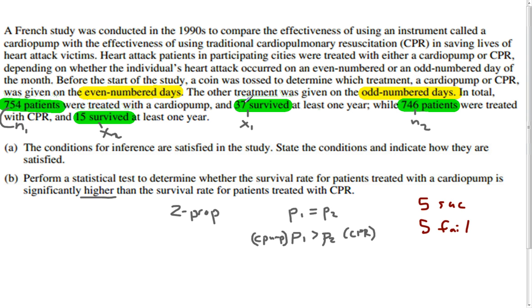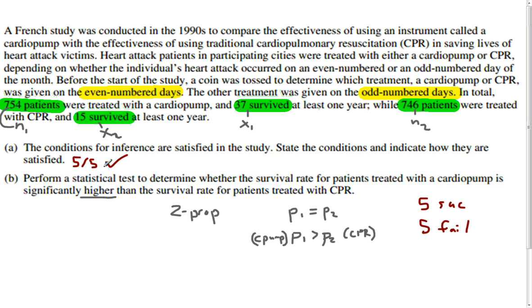Well, we have 37 successes here, so that's plenty more than 5. And then out of 754 patients, so there's plenty of failures. Over here, 15 successes is more than 5, and out of 746, again, plenty of failures. So this condition here, the 5 successes and 5 failures for each group, is met. So that's one major condition we have to check.